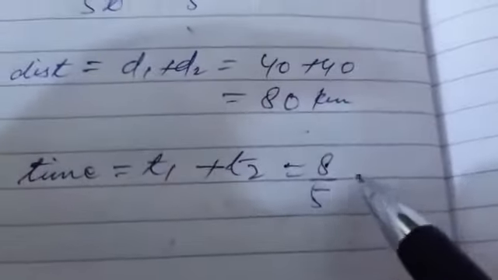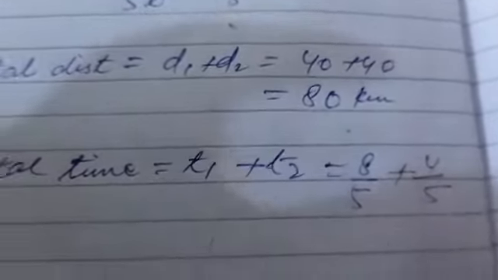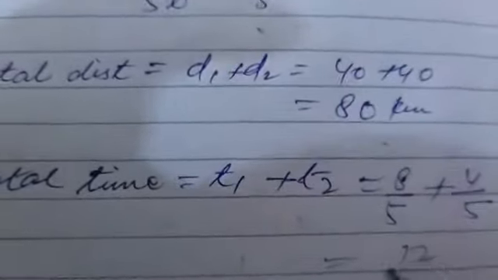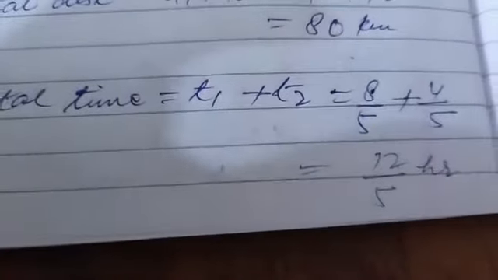So 8 by 5 plus 4 by 5. अब इसको देखेंगे तो it will become 8 plus 4, that means 12 by 5 hours. Is it clear?